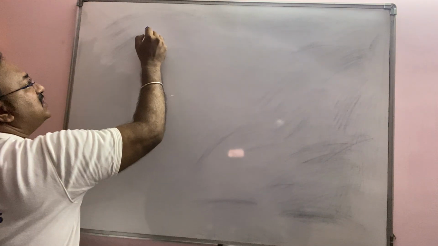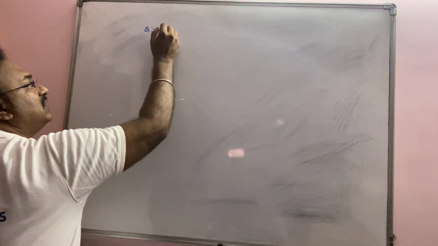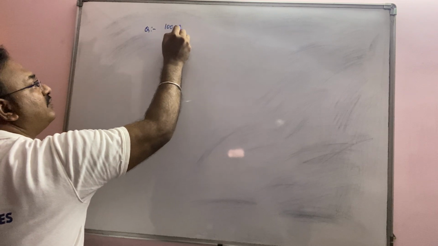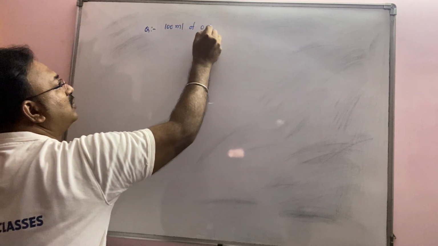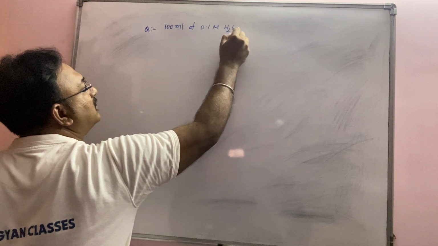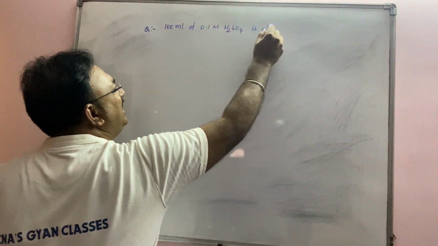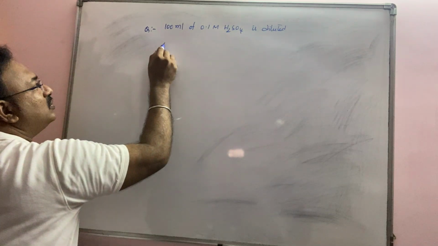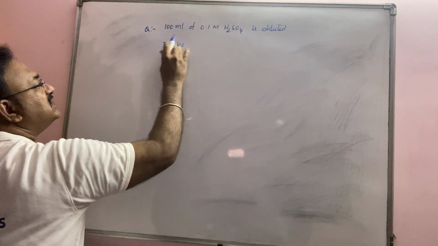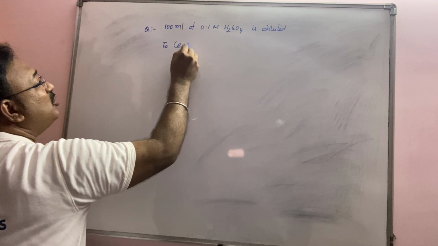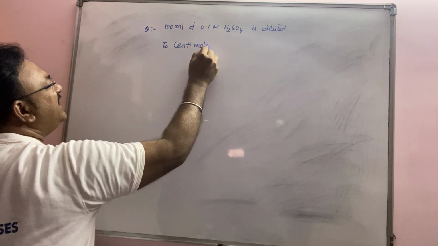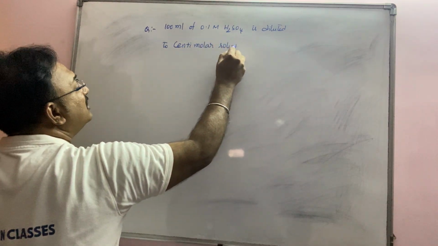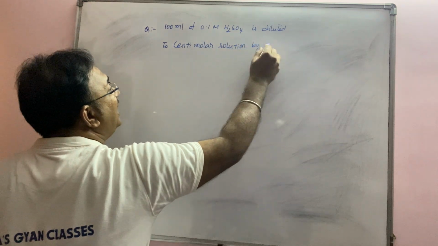Okay, the next question is: 100 ml of 0.1 molar H2SO4 is diluted to centimolar solution by adding water.